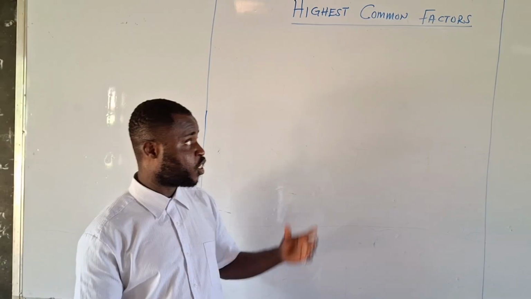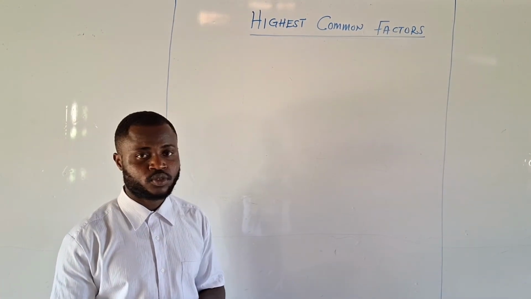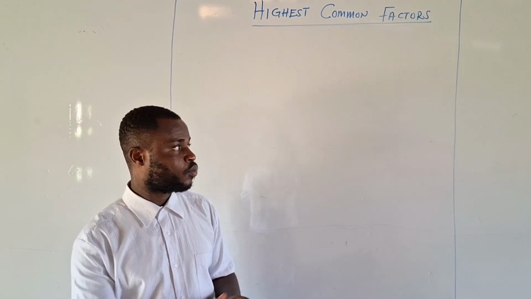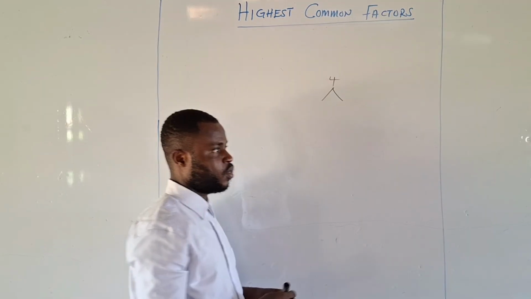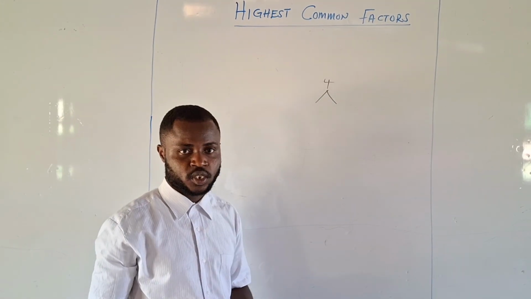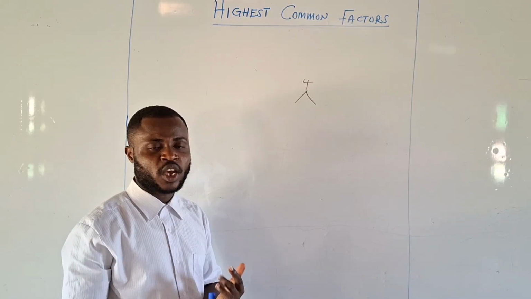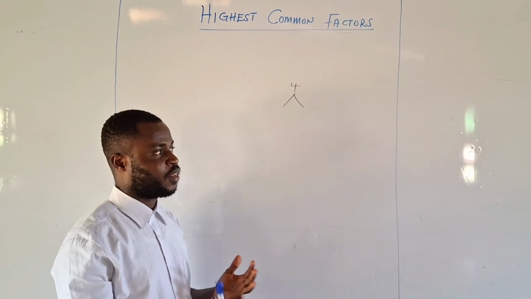The prime factorization method, which is using the factor tree. Now, to use the factor tree, always remember that when they give you a number, like maybe 4, and you're using the factor tree, what numbers do we use? Make sure that one of the numbers you are using is a prime number or prime factor.